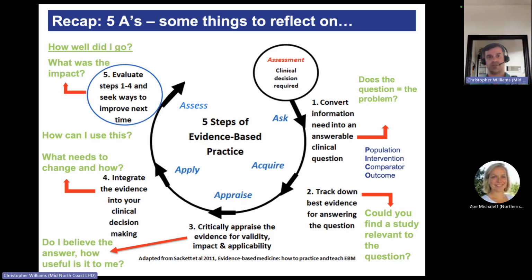And today we're looking at how well we've been able to apply this process, and we can think about this in terms of your proficiency and skills in applying this model. This is obviously a nice framework to begin with, but there's other things that you consider. But also, we might be interested in what the overall impact of going through this model was on the clinical situation or perhaps patient outcomes.